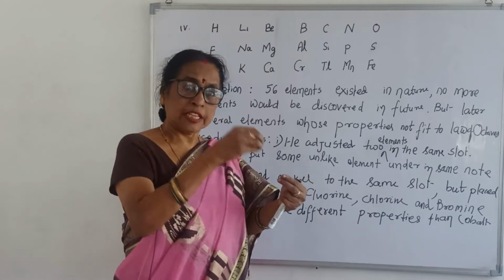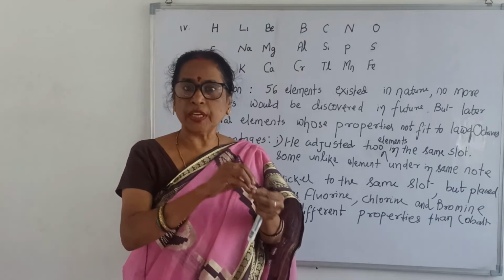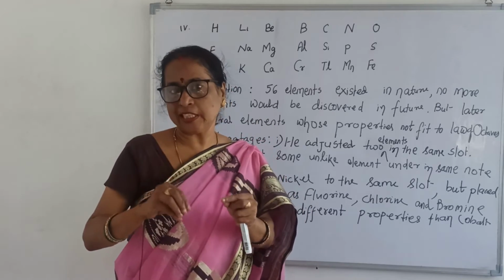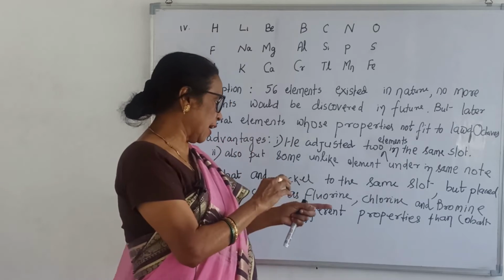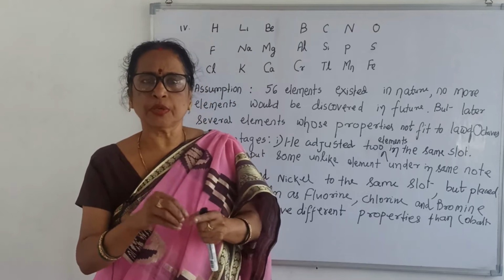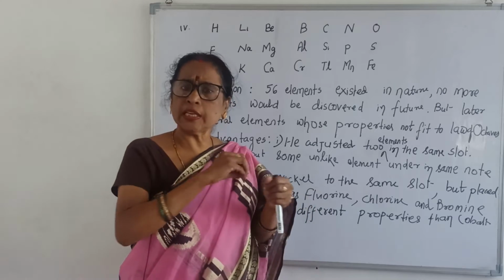And also he placed these elements after fluorine, chlorine, bromine. When you see the periodic table, I will tell how to remember it. At the time, he put these elements along with fluorine, chlorine, bromine, though their properties are totally different.